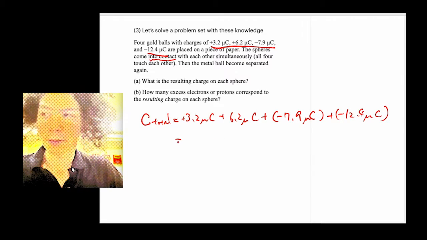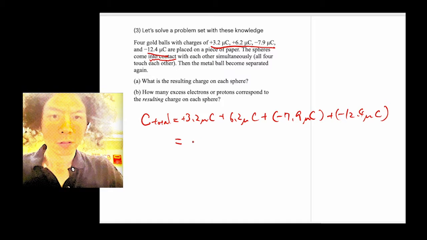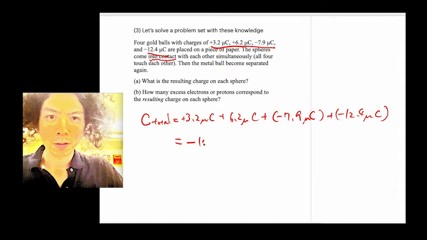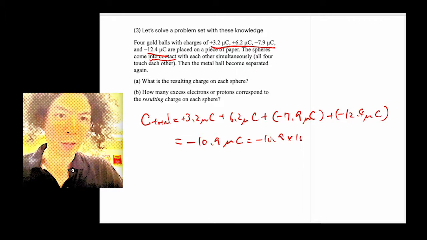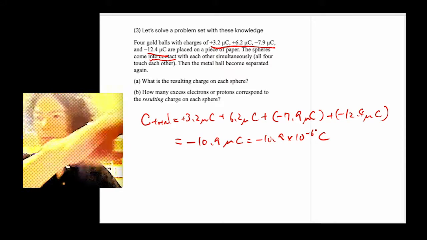If you add these up, the number you get is negative 10.9 microcoulomb, which is negative 10.9 multiplied by 10 to the negative 6 coulomb.